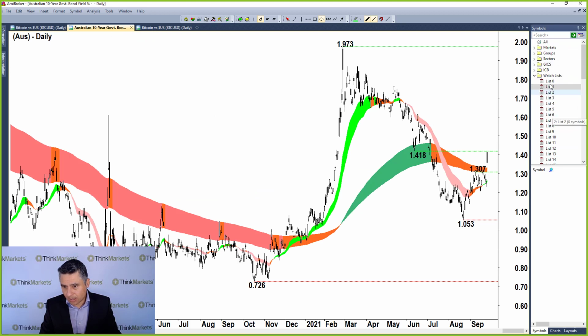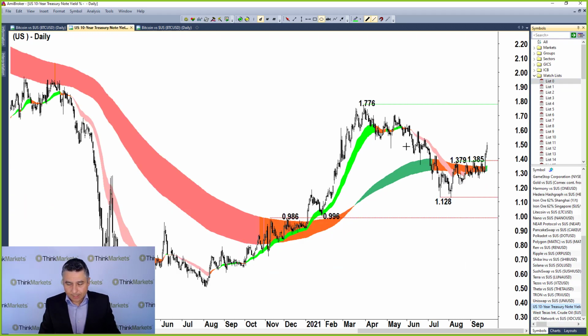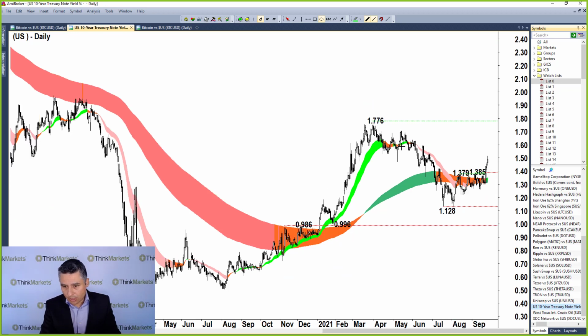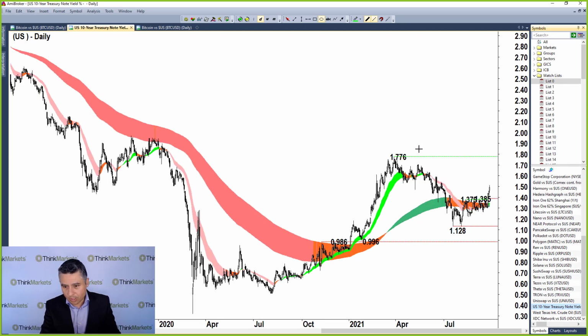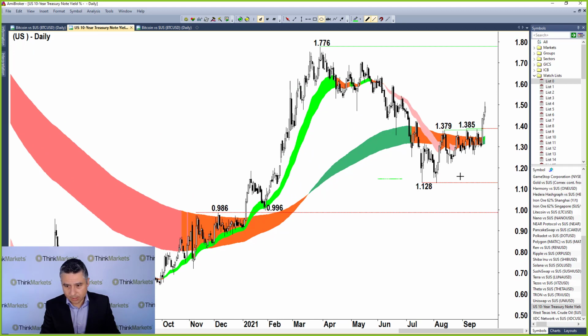That's the Australian bond yields, which are rising, yes, but the US bond yields had a big breakout through that 1.38 level. So I do think we're going to see higher rates going forward, and therefore I think CPU will benefit significantly from that.